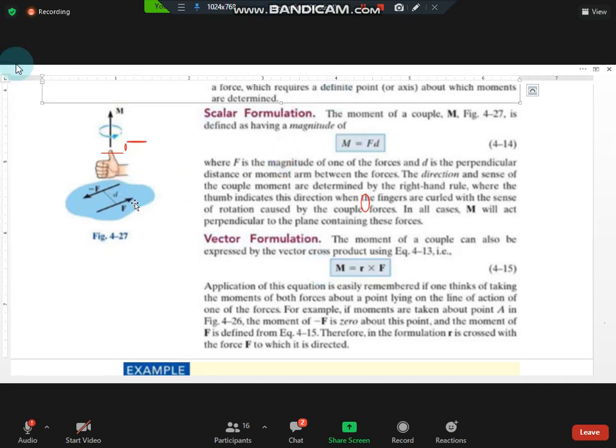Same sense means either clockwise or anti-clockwise. In the case of rotation, the direction is assumed as clockwise or counterclockwise. So whenever a couple is there, whether you are just taking the couple or calculating the moment of a couple, the forces act in the same rotational direction.